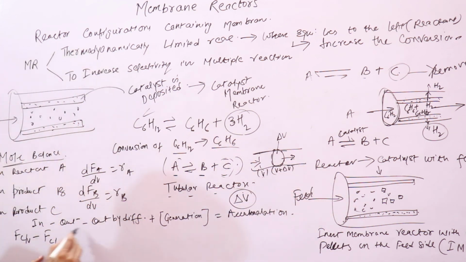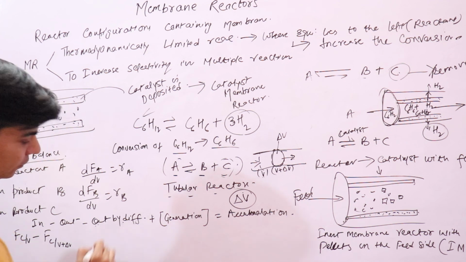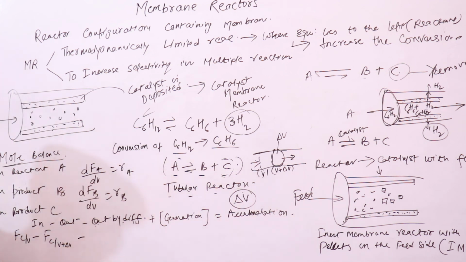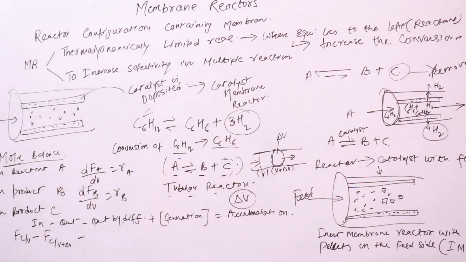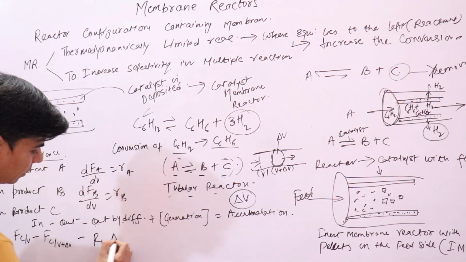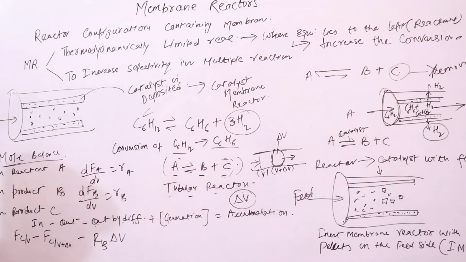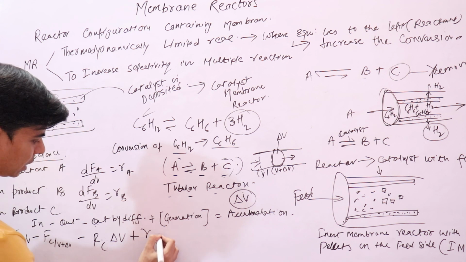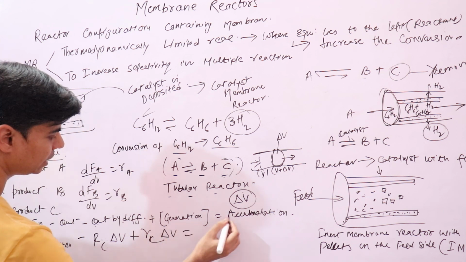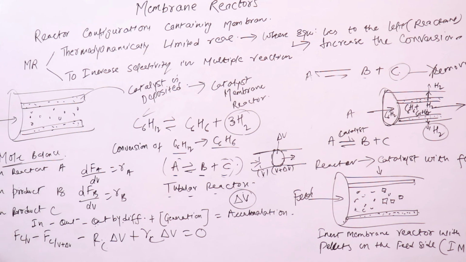And out by diffusion, what is going out through the membrane, we take it as RB delta V. Plus you have generation, which we are taking as RC delta V. Accumulation is 0. On C, accumulation is 0.